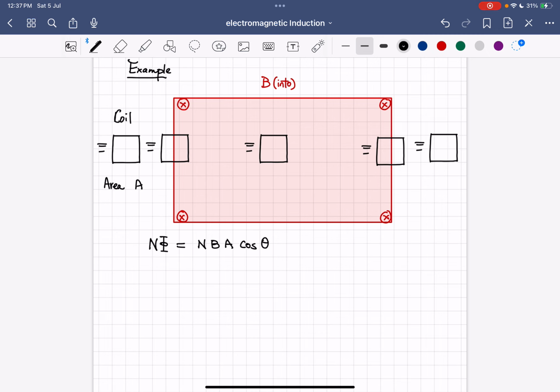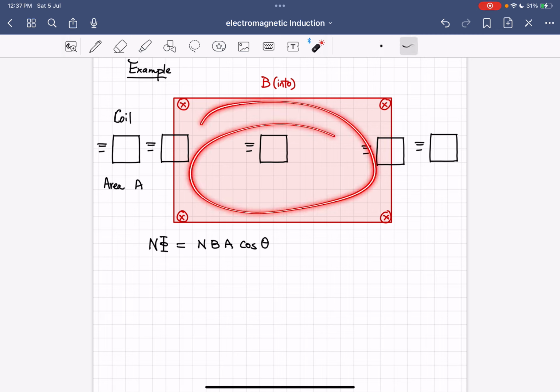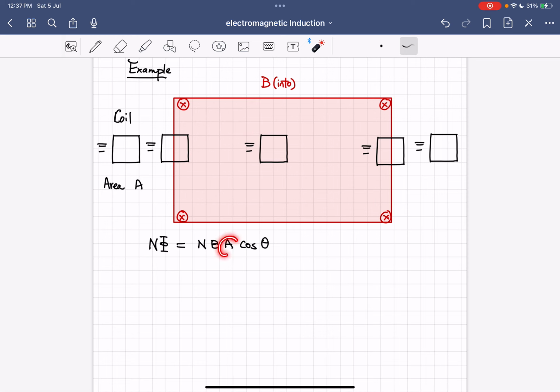Here, N does not change, N is just 1. B does not change, B is just constant. A will change with time because A is 0 at first, because although the area of the coil does not change, there is no area of the coil that is inside the field. As the coil enters the field, an increasing area of it will be in the field.